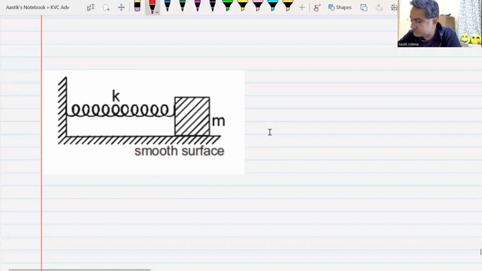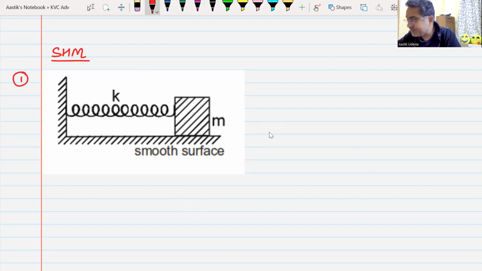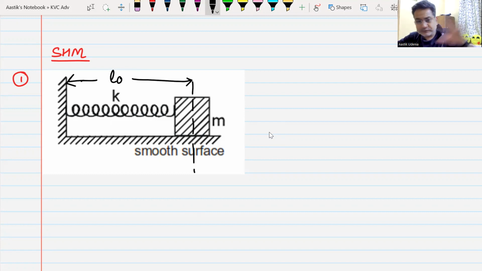Then let us take the example of this SHM. Example number 1. Now, in this condition, when it is at its natural length, that will be the mean position. Yes or no? If the block is placed like this, nothing will happen.